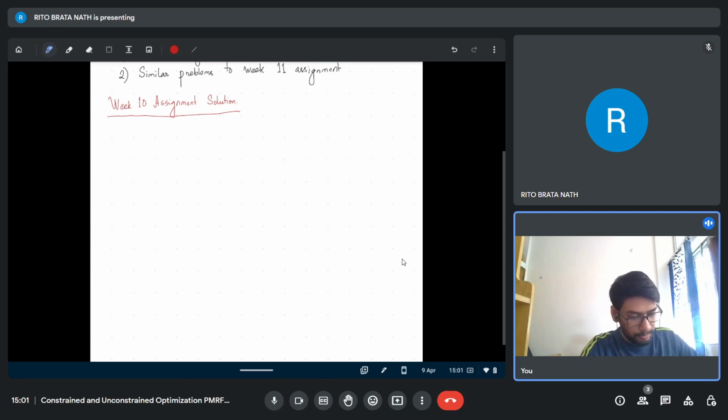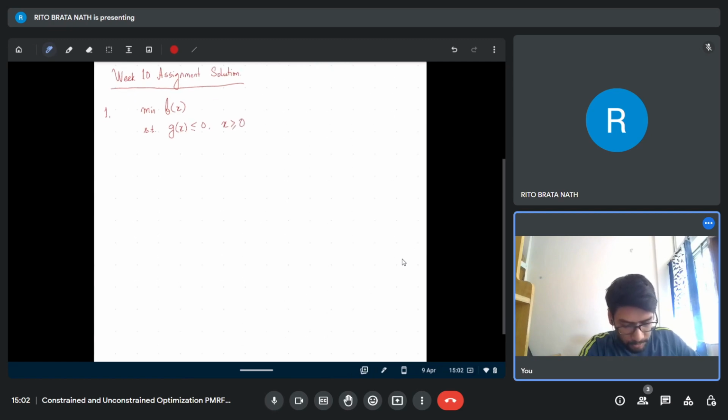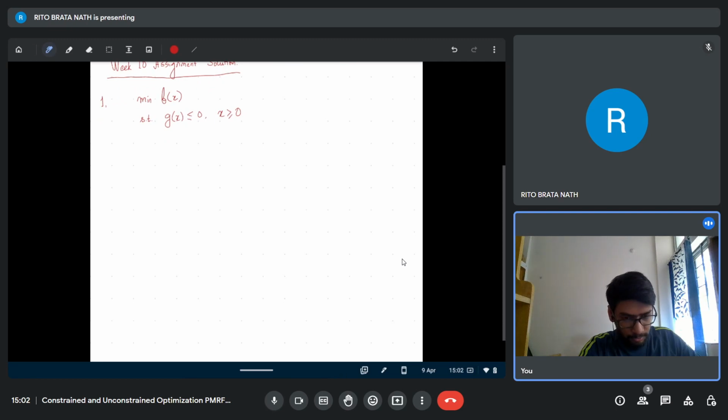Okay, so the first one tells you: minimization of min of f(x) subject to g(x) less than or equal to 0 and x greater than or equal to 0. Which of the following is or are true for the above optimization problem?